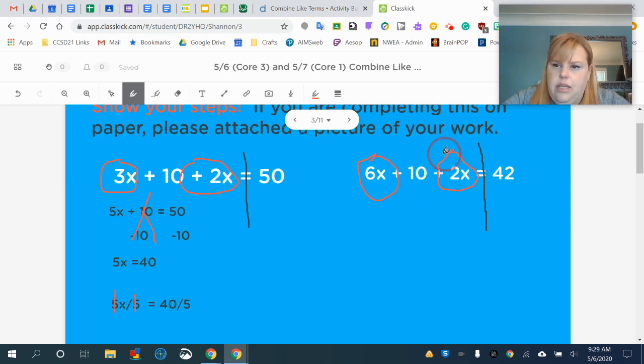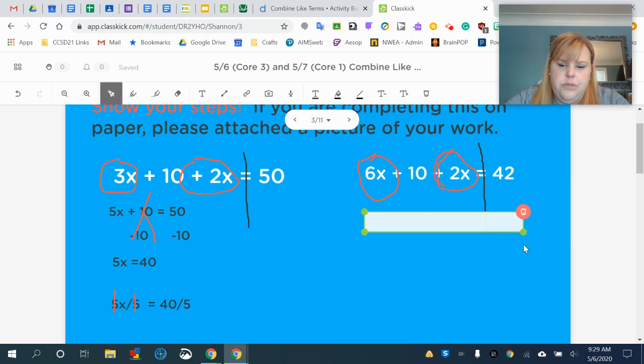Should really be catching that plus sign in my circle. Okay, and those are like terms. So I'm going to put in my text box. What is 6x plus 2x? 8, oops, sorry about that, 8x. I still have that plus 10, and it is still equal to 42.